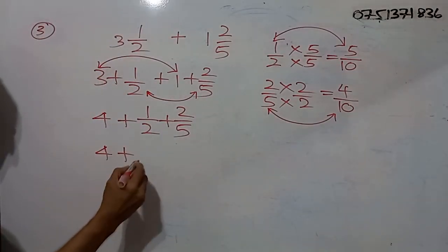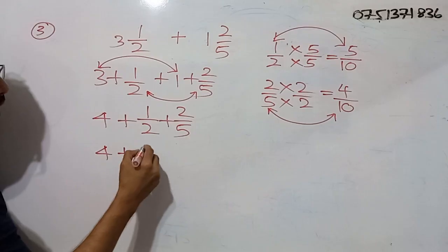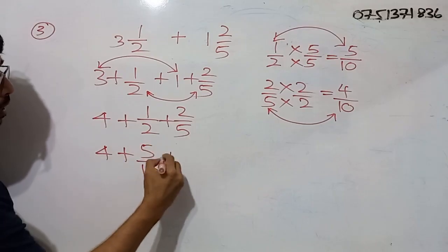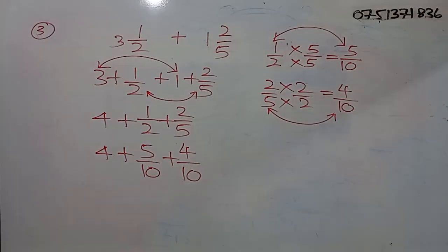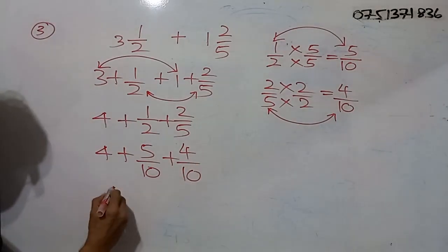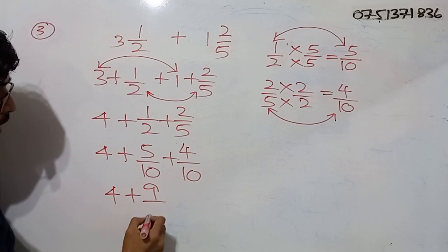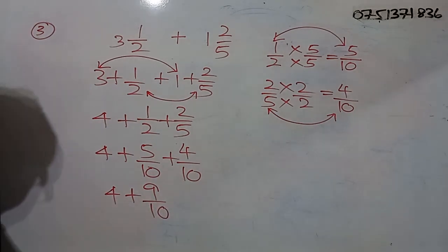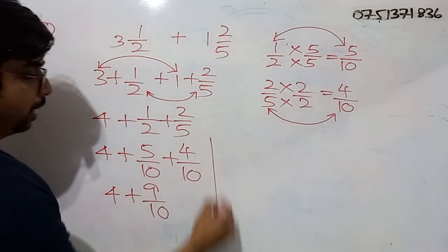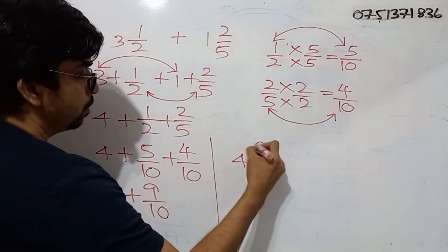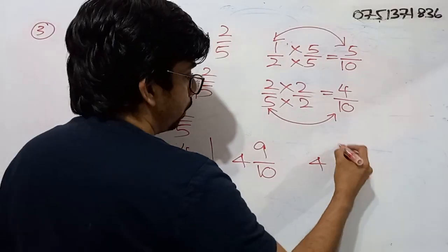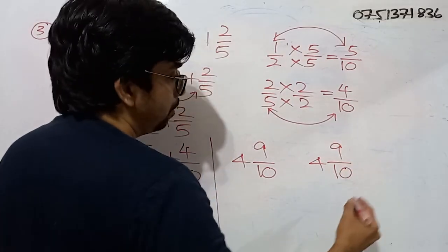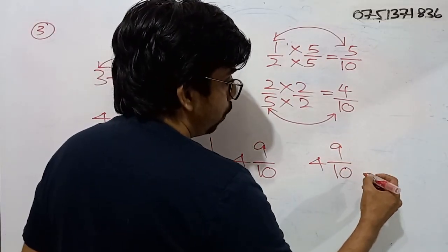So 4 plus, instead of half I can write 5 by 10, plus instead of 2 by 5 I can write 4 by 10. Now I can simplify these two fractions further. So this becomes what? 4 plus 9 by 10, right? So that means 4 and 9 by 10. So the total area is what? 4 and 9 by 10 square kilometers.